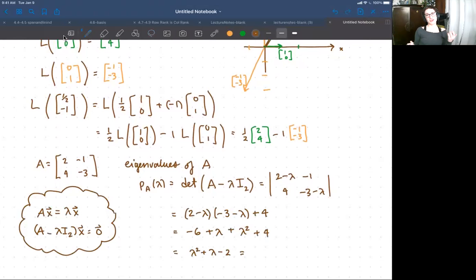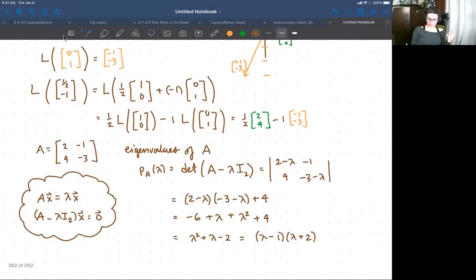I want to draw pictures, and I'm not really good at drawing square roots of stuff. So let's factor this sucker. This gives us lambda minus 1 and lambda plus 2. So what we found is that if we want this thing to equal 0, this happens when lambda equals 1 and when lambda equals -2.